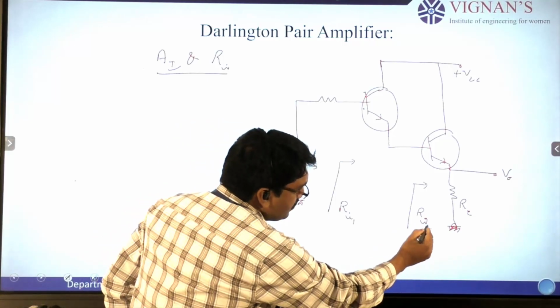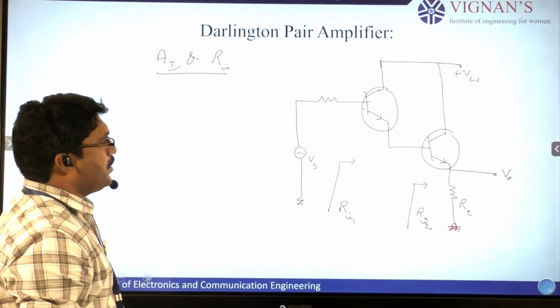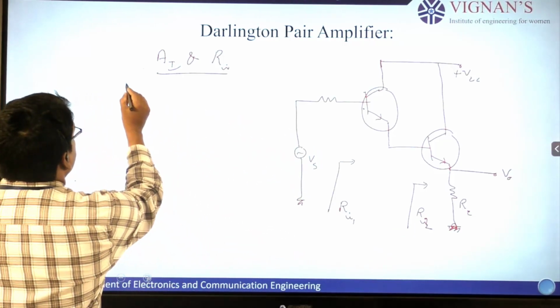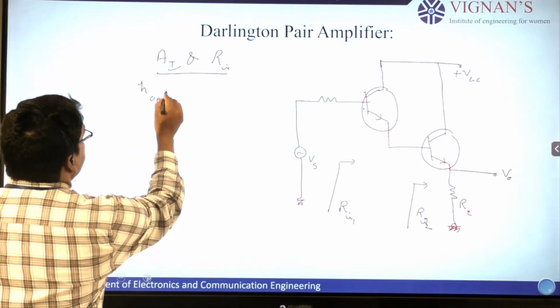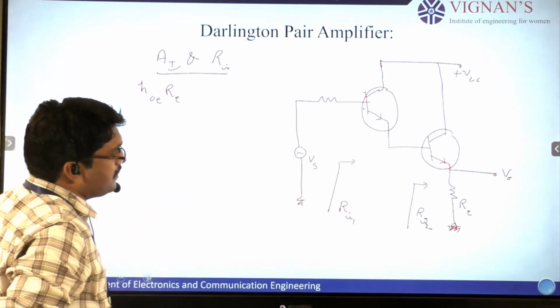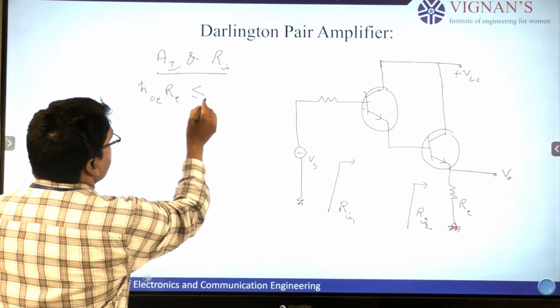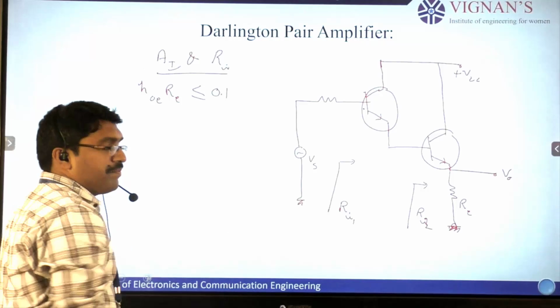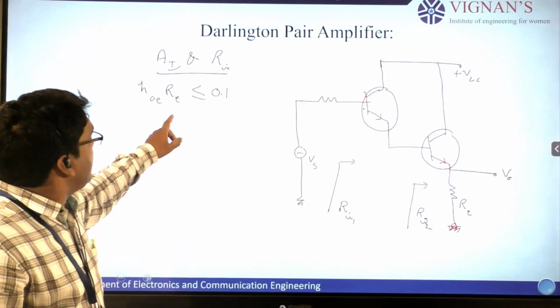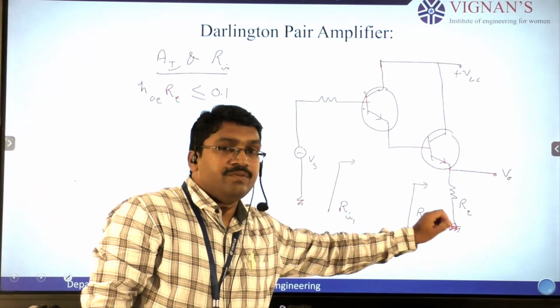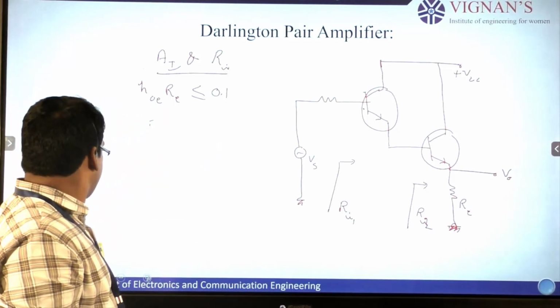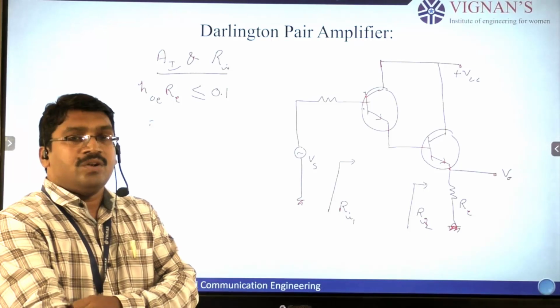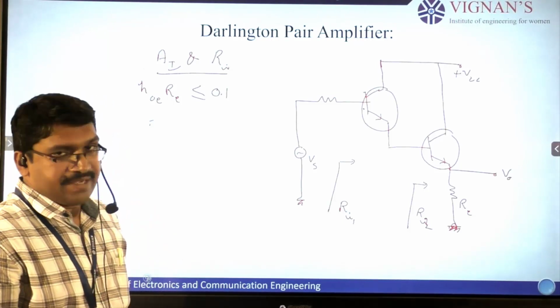To find Ri2, first consider h0e multiplied by Re, which is less than or equal to 0.1. By suitably selecting the Re value, we can make this condition satisfied. So approximate analysis is valid.